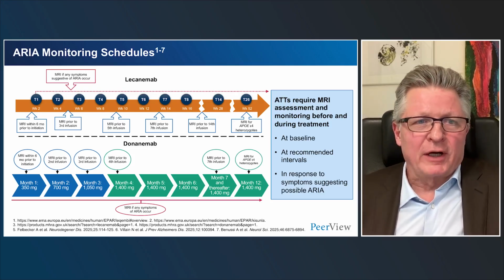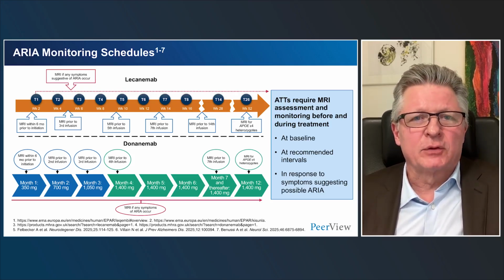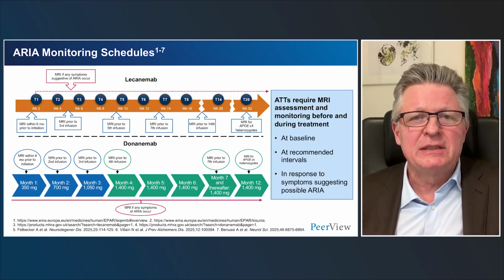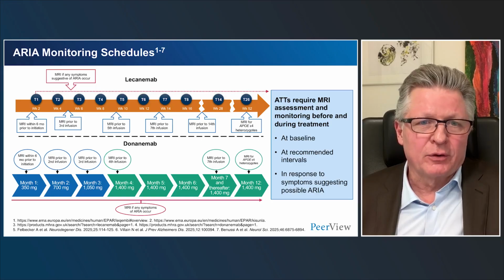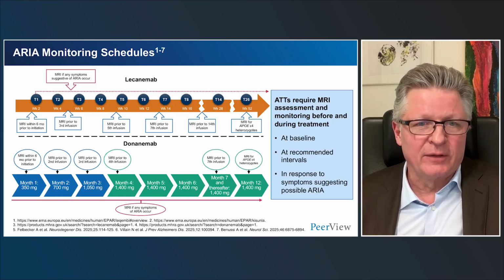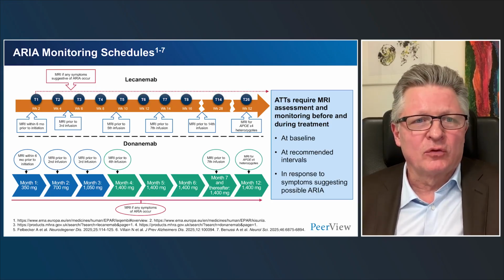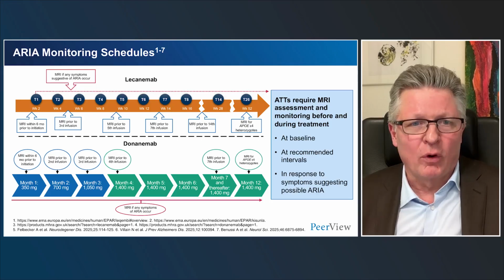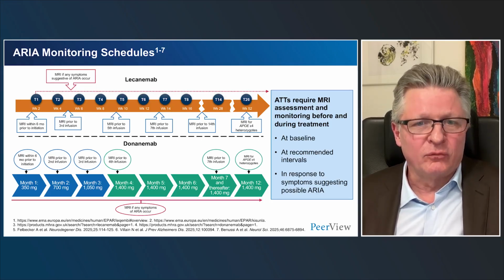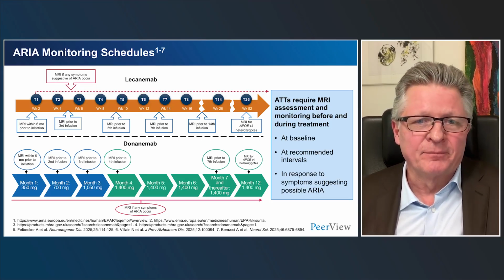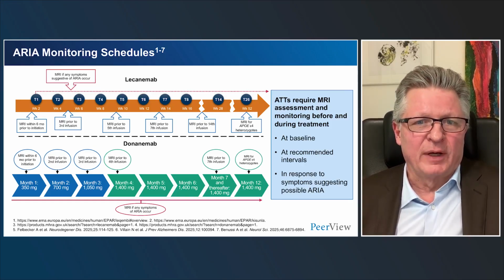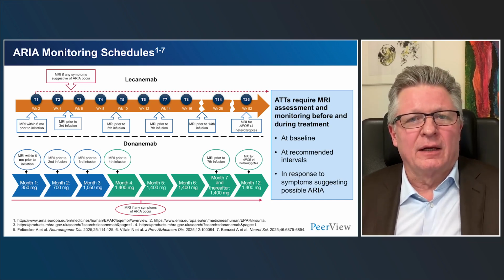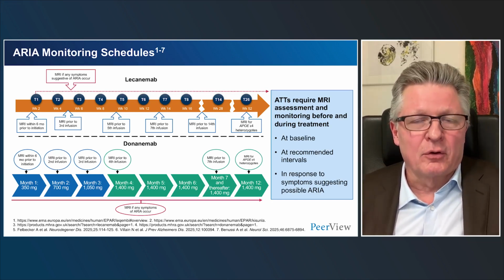Now, going back to the practical issue of the ARIA monitoring, for both compounds, lecanemab and donanemab, there is a very detailed schedule of ARIA monitoring, particularly in the first 6 months, where ARIA are most common. There are a number of MRI scans which are done before certain infusions, and after the first 6 months, there's another one in the first year, and then more MRIs if ARIA occur.